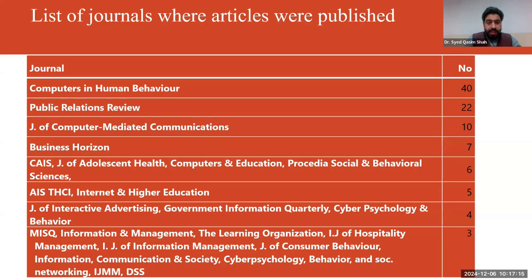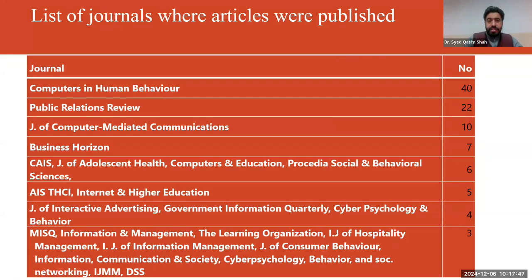The next journal is Public Relations Review, which has 22, and the list of journals is there with a certain ranking. You can see 40, 22, 10, 7, 6, 5, 4, and 3. So this is the list of journals where articles have been published on these six keywords. We will maintain this first table, the list of journals.